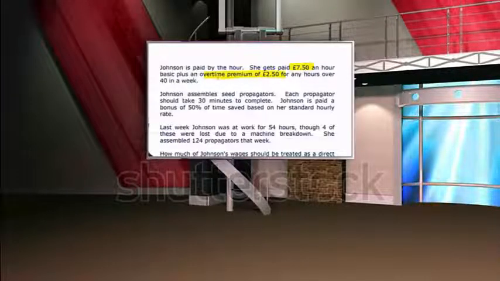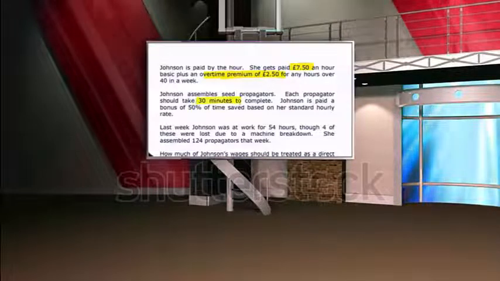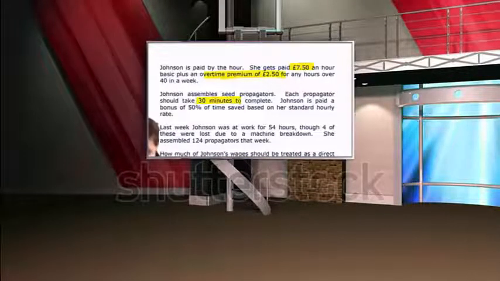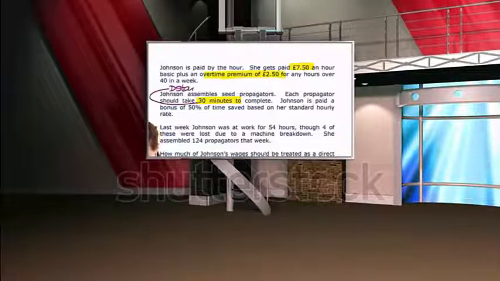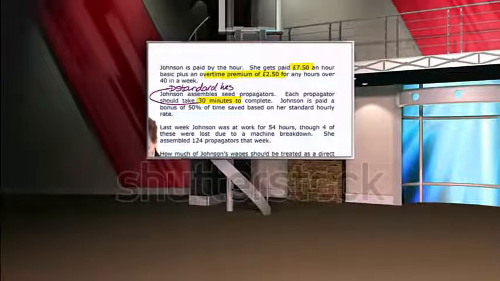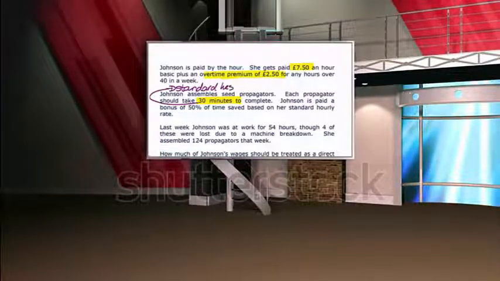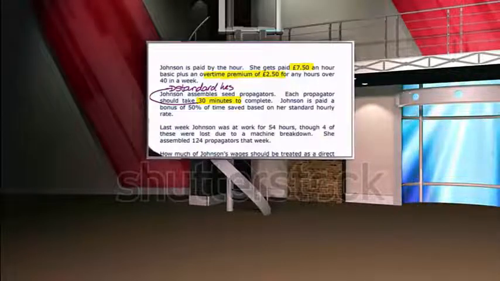Now she assembles seed propagators, and each propagator should take 30 minutes to complete. This is the standard time or hours allowed for each unit. We'll use this in our bonus calculation.